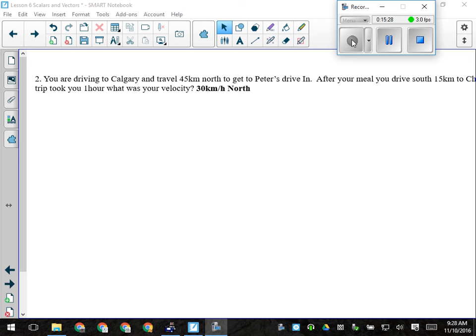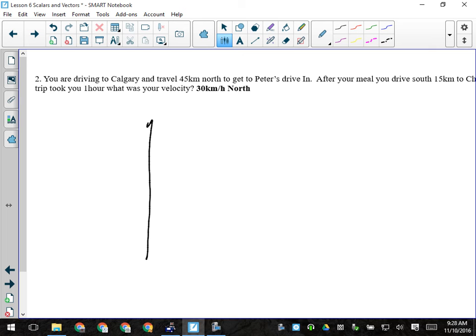After your meal, you drive 15 kilometers to Chinook, and the trip took you 1 hour. So you have to drive south, obviously, to get to Chinook from Peters because it's north of it. So what we're looking at here is that we went 45 kilometers north, and then we went 15 kilometers south.